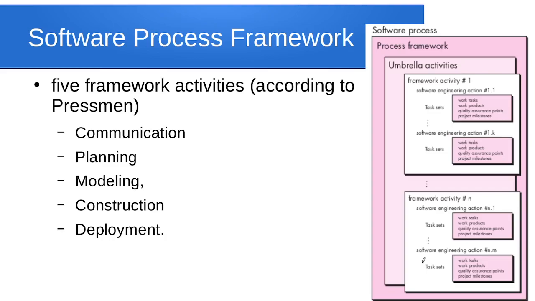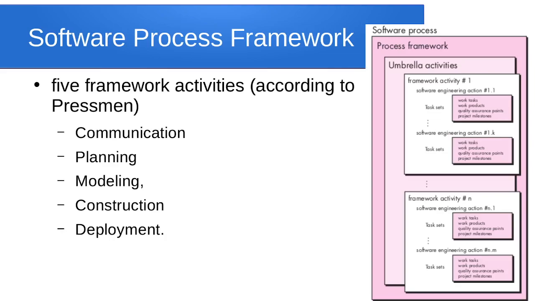We have already seen in the last video that the umbrella activities were certain ones, like risk management and other kinds of activities, certain kinds of testing also, and other related things, right?